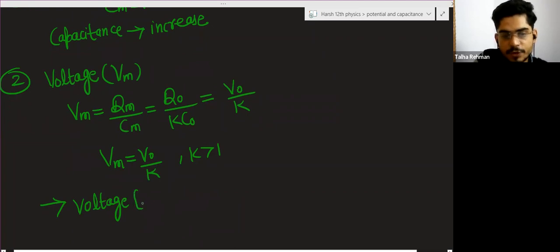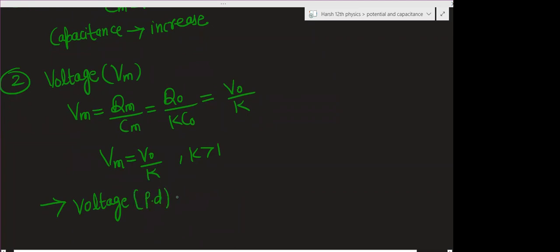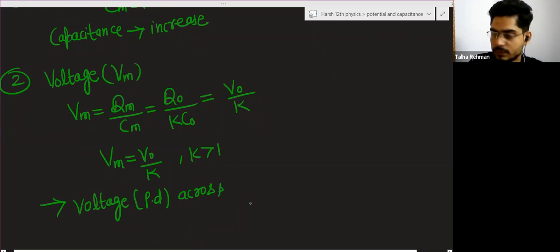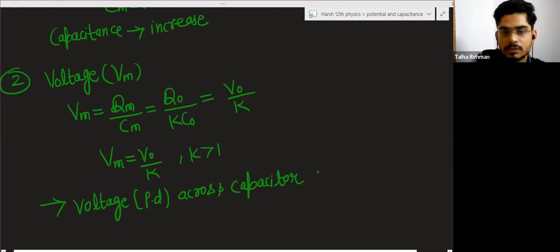The voltage, or potential difference across the capacitor, will decrease.